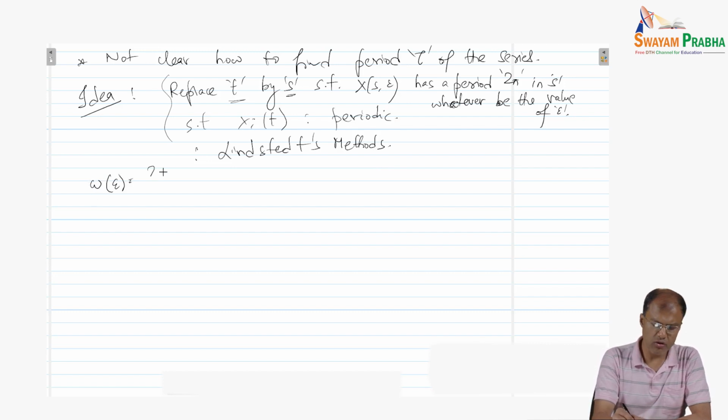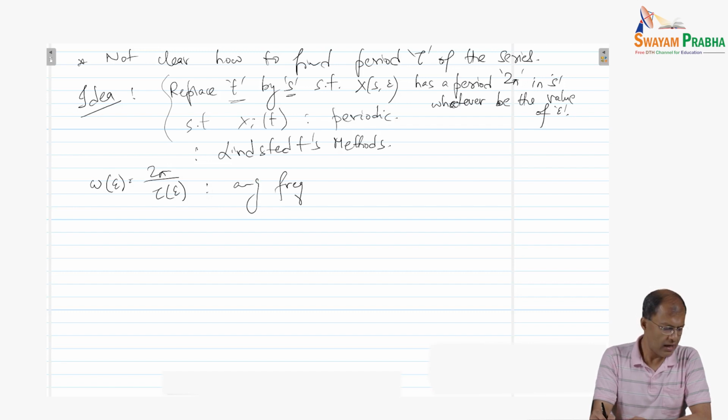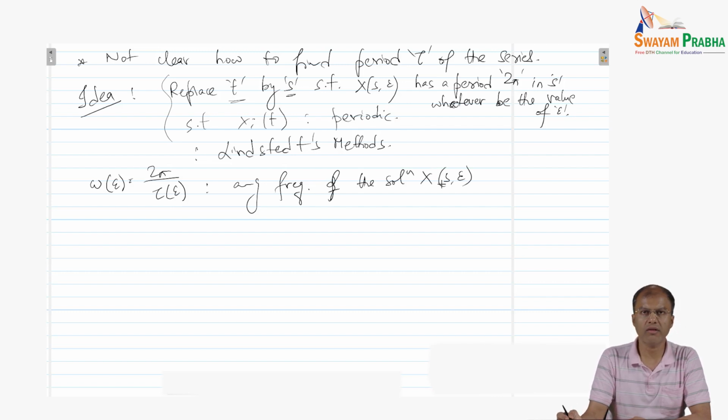Okay. So what we have got is that we can assume that our angular frequency omega of epsilon is 2 pi by tau of epsilon, right? And this is the angular frequency of the solution x of s comma epsilon, right?